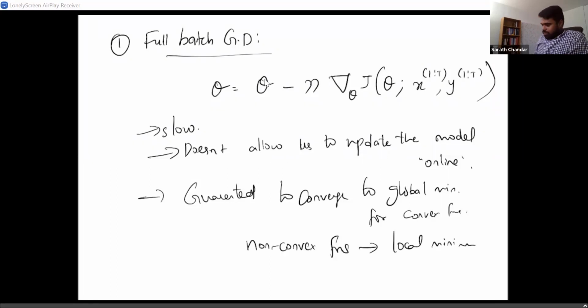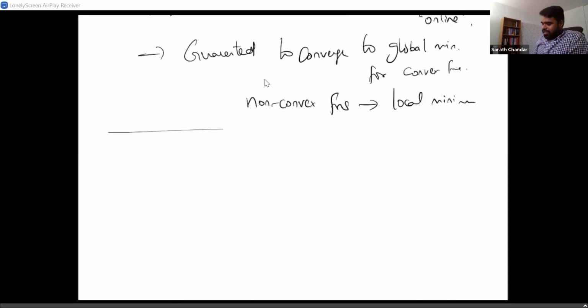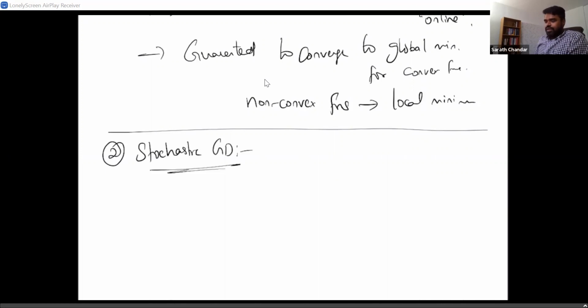Now we have also looked at the other extreme, which is the idea of stochastic gradient descent. If you remember, in stochastic gradient descent, theta is equal to theta minus learning rate times the gradient with respect to just one example, xi, yi.